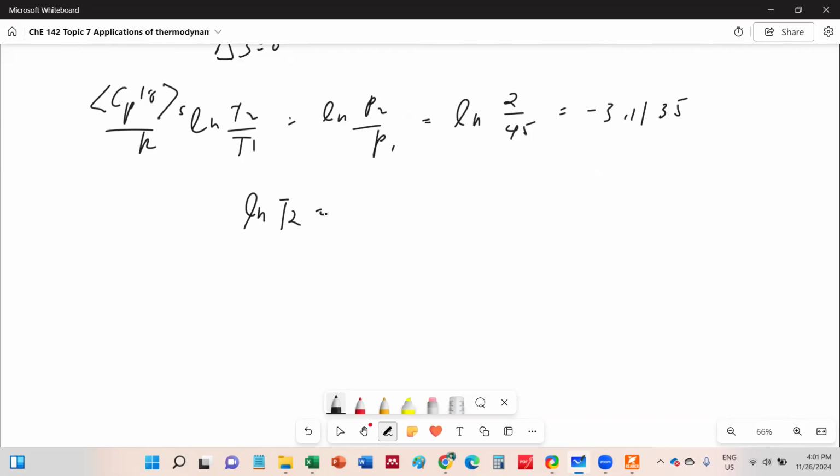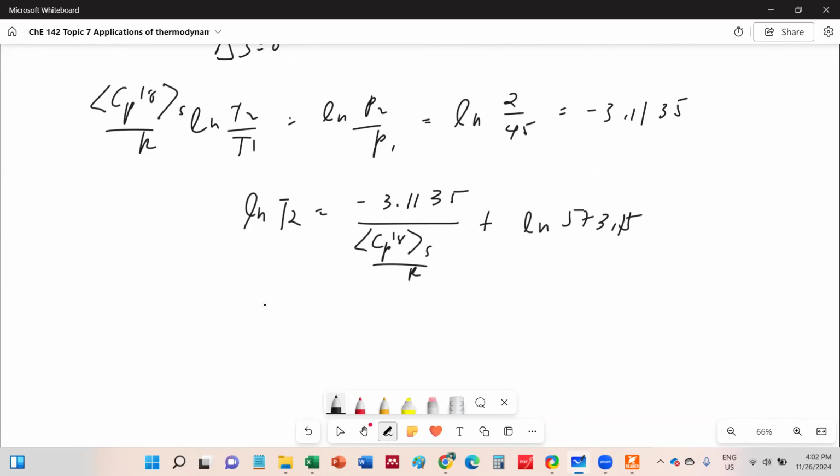And therefore, we're interested in T2, let's isolate T2 on one side of the equation. ln T2 is negative 3.1135 divided by Cp over R, and then we add ln of T1, which is the initial temperature, 573.15. Okay? So basically, we just separated the ln T2 and ln T1. T1 is 570.15.